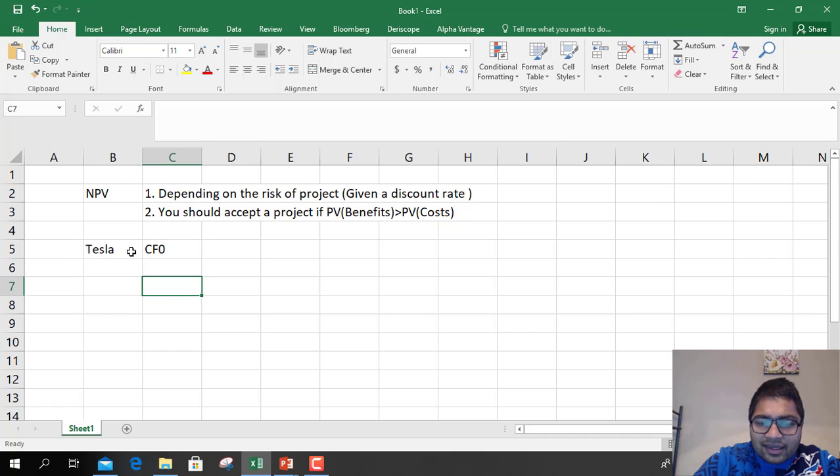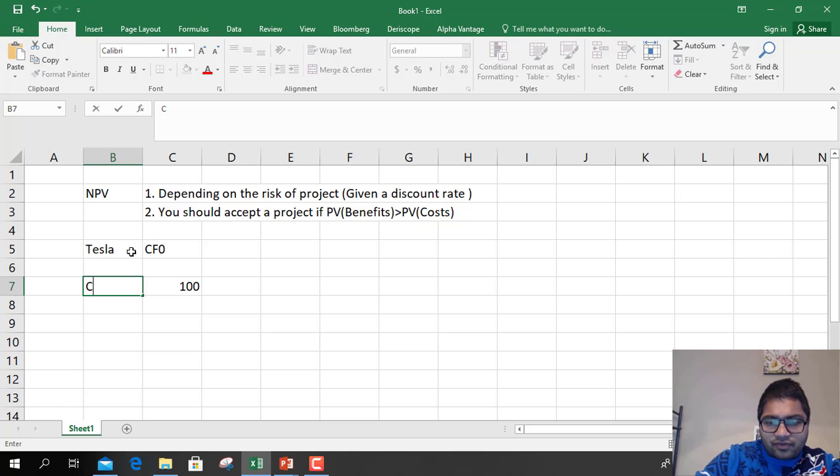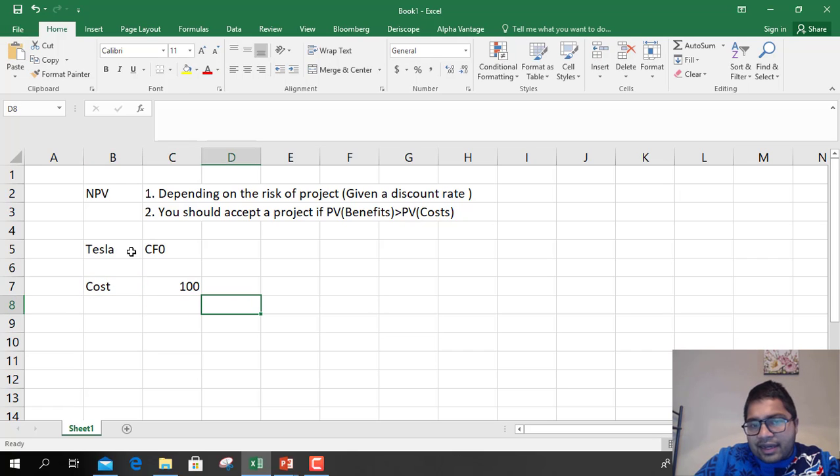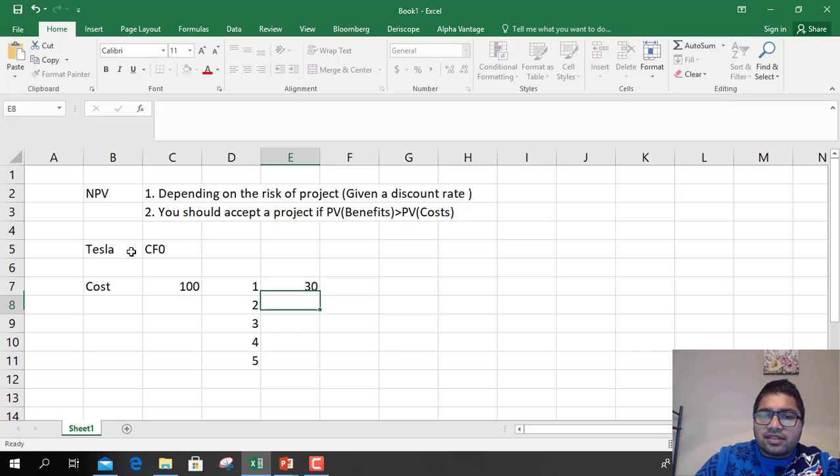So the marketing guy is asking for, let's say, $100 million. This is the cost of the marketing campaign, and he estimates that if you spend $100 million, for the next 5 years Tesla could see a bump of $30 million in sales each year.